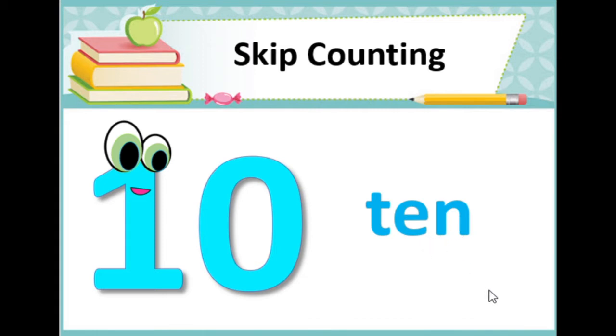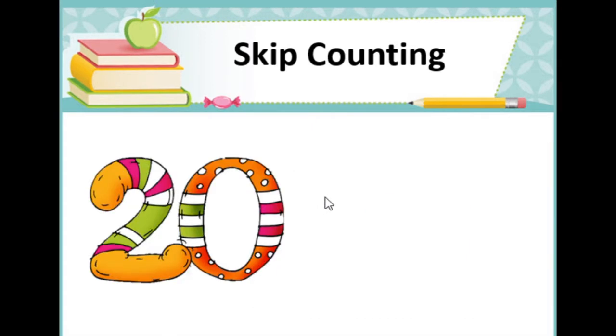Alright, very good. Since we're going to write numbers, you should also be familiar with the spelling of the different numbers. 10 is spelled as T-E-N. Okay, good job. Next, how about the next number?